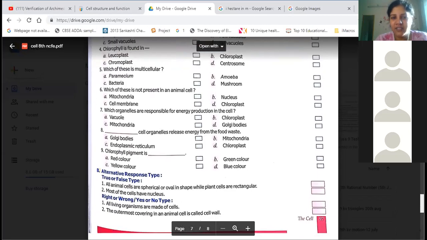The organelles responsible for energy production in the cell are mitochondria. Mitochondria release energy from the food.